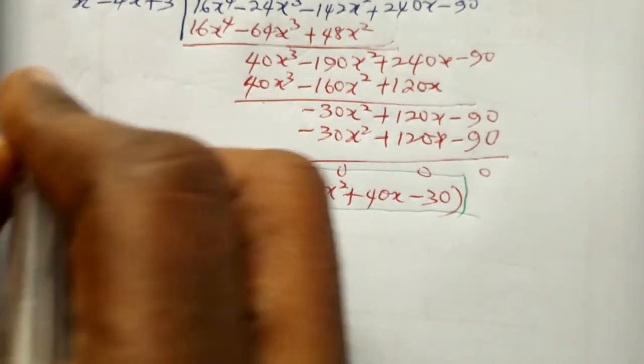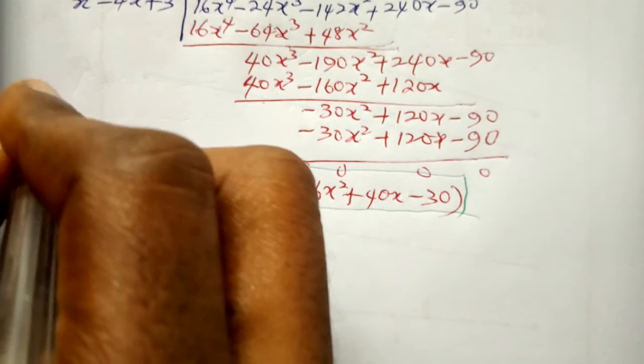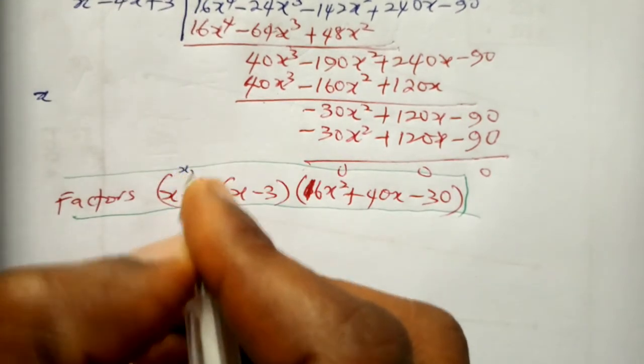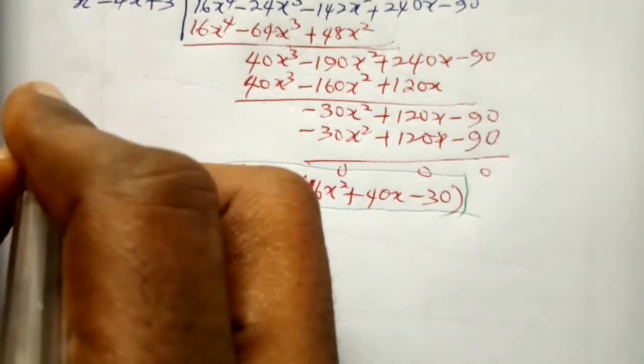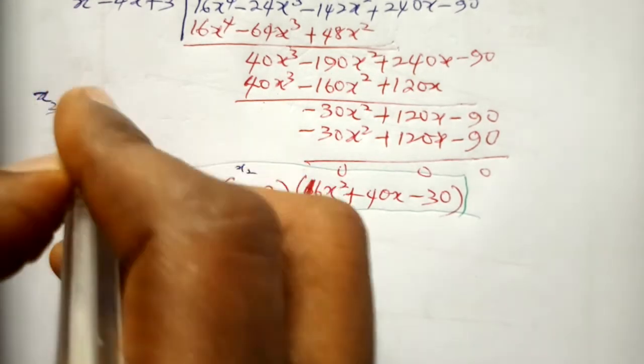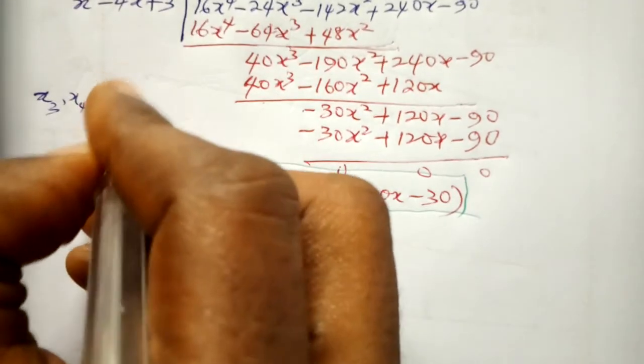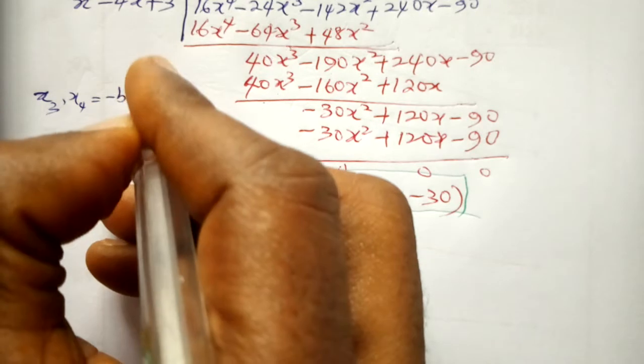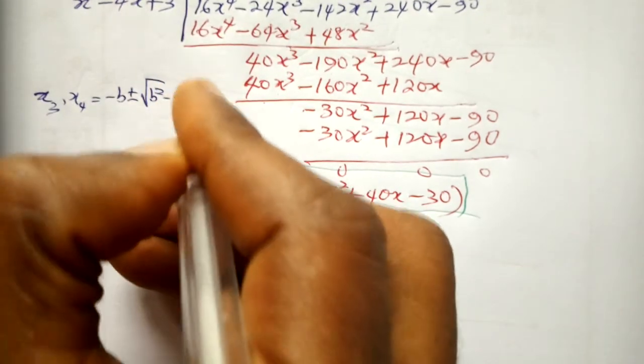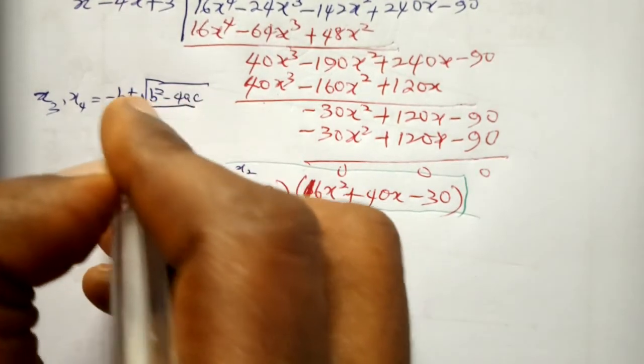And you know that the formula method is, since we have x1, x2, let's say x3, x4 is equal to minus b plus or minus square root of b squared minus 4ac all over 2a.